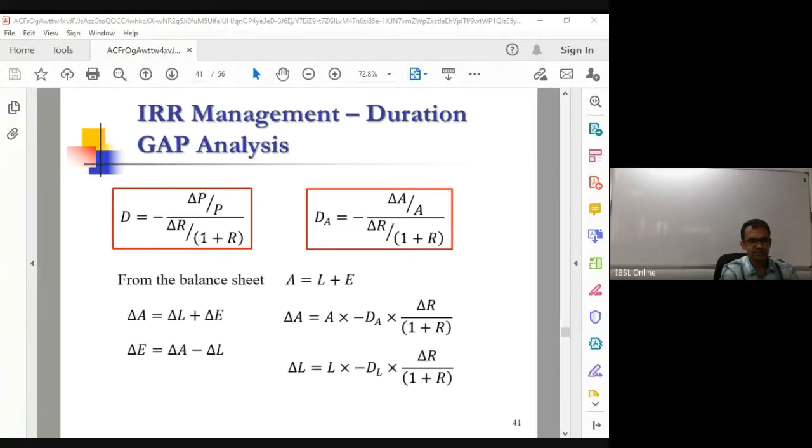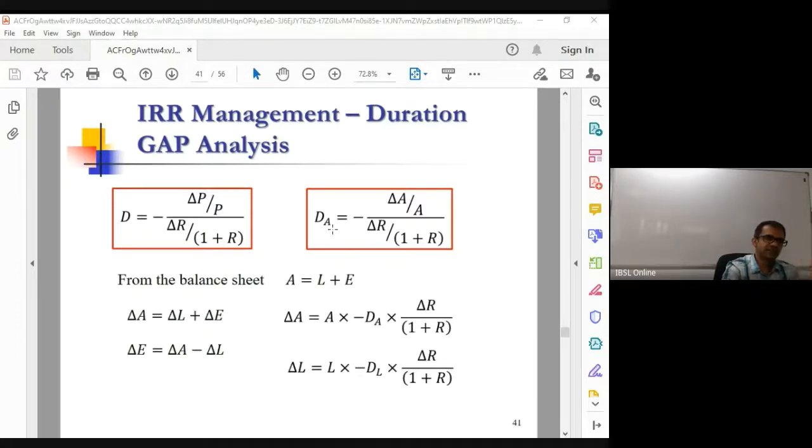You can remember in the modified duration, we change it by 1 plus R. So this is the general definition.